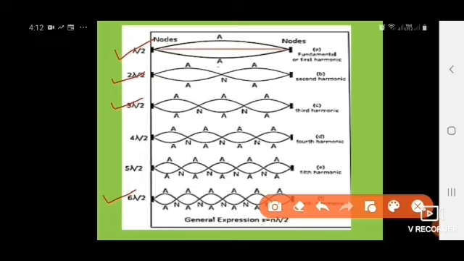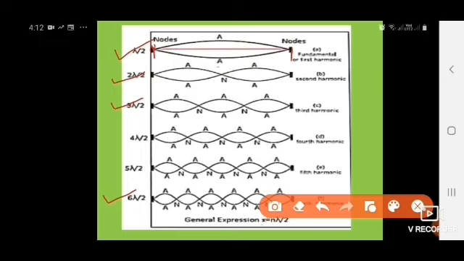So students, in the first fundamental mode, what happens? As you know, in a vibrating string, the end points are always nodes. So in the simplest mode, there can be one antinode between two nodes.